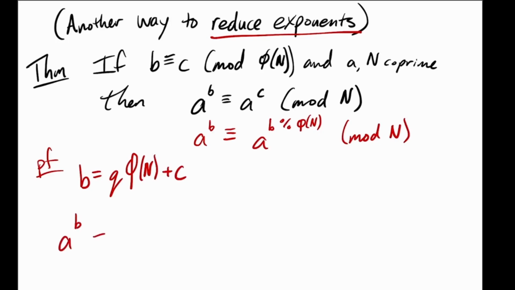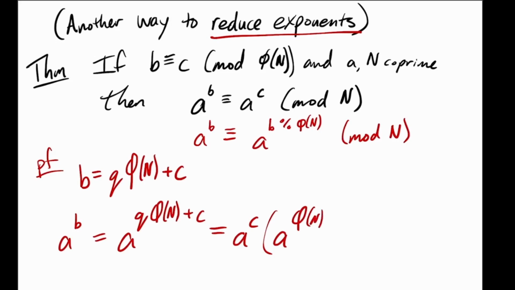So A to the B was equal to A to the Q phi of n plus C, which is equal to A to the C times A to the phi of n to the Q, which is A to the C times 1 to the Q, just A to the C. Okay, so the proof is basically the same as we saw for Fermat's theorem. In fact, Euler's Totient theorem really is just a generalization of Fermat's theorem. Fermat's theorem can be seen as a special case.